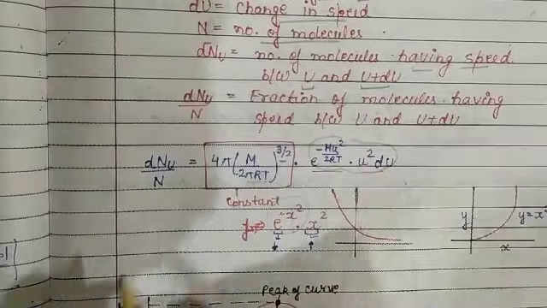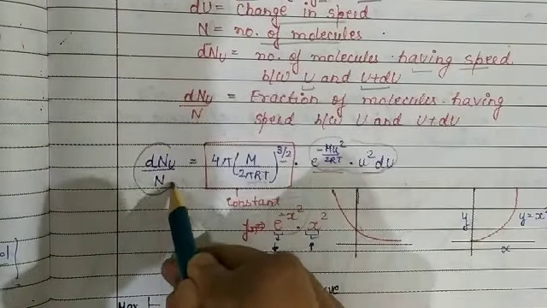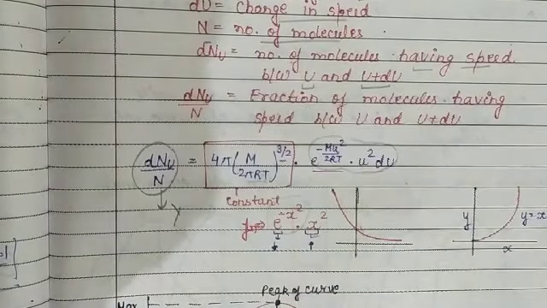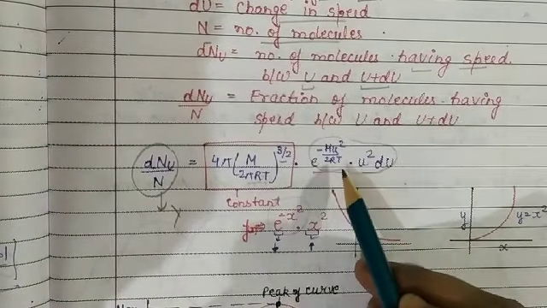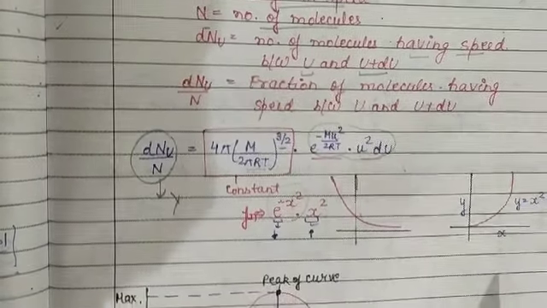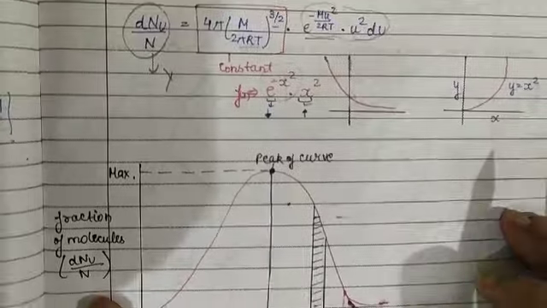Now we will plot a graph between the fraction of molecules, which is on the y-axis, and speed, which is on the x-axis. So the graph will be like this for this equation.